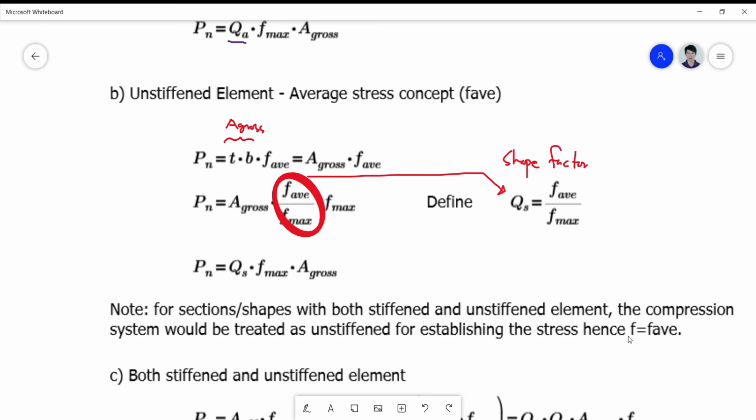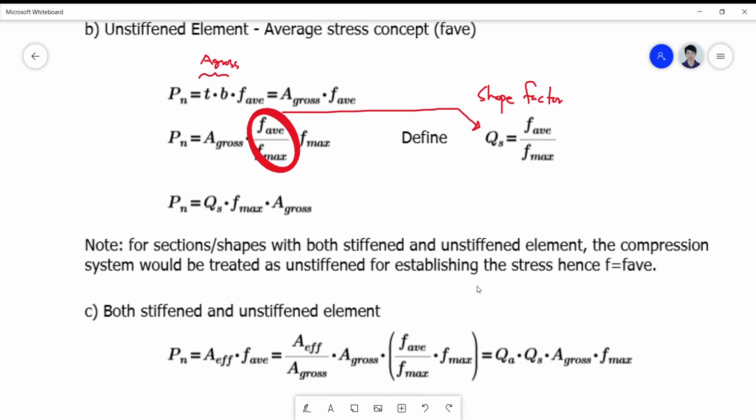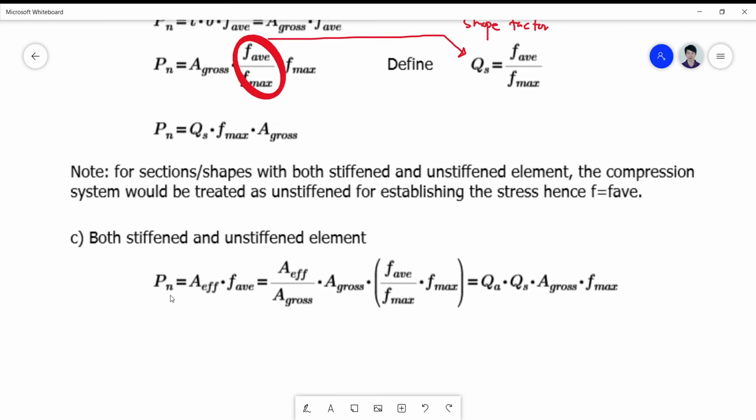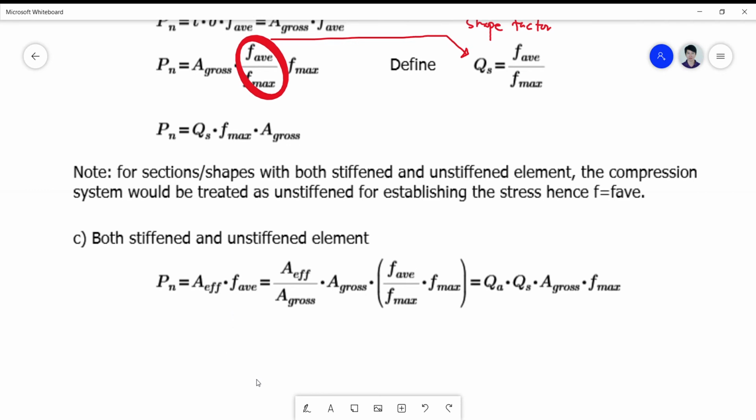Hence, the F that we are going to multiply with the area will be the F average, so that your Pn becomes, for this third scenario, A effective times F average, which can be divided by A gross and multiplied by A gross, so you didn't do anything because this is equal to 1, and F average is multiplied by F max divided by F max.